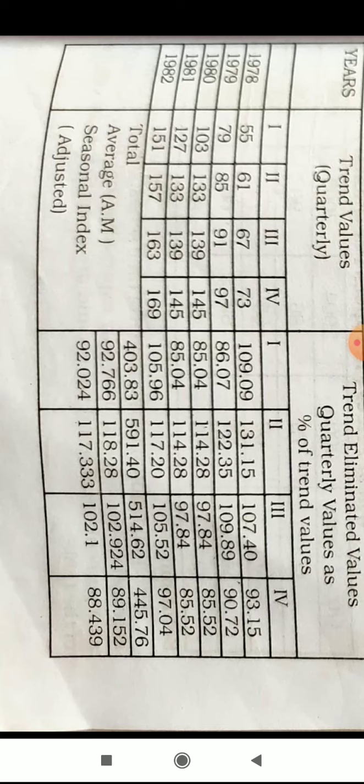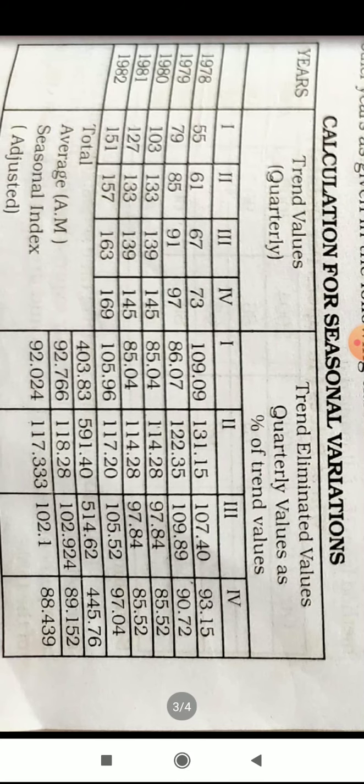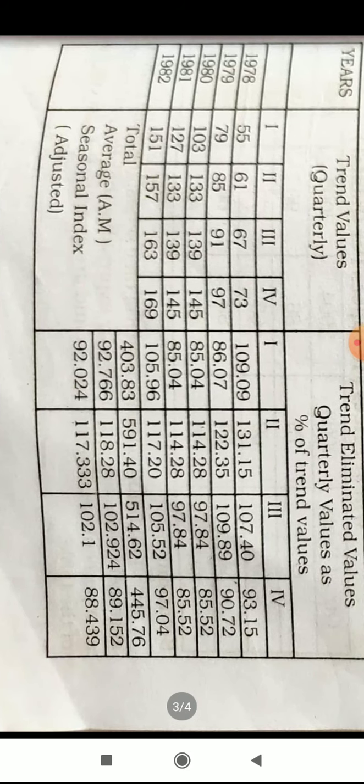So we divide 60 by 55 and multiply by 100, and we get 109.09. Like this we calculate the estimated trend value for each year and each quarter.